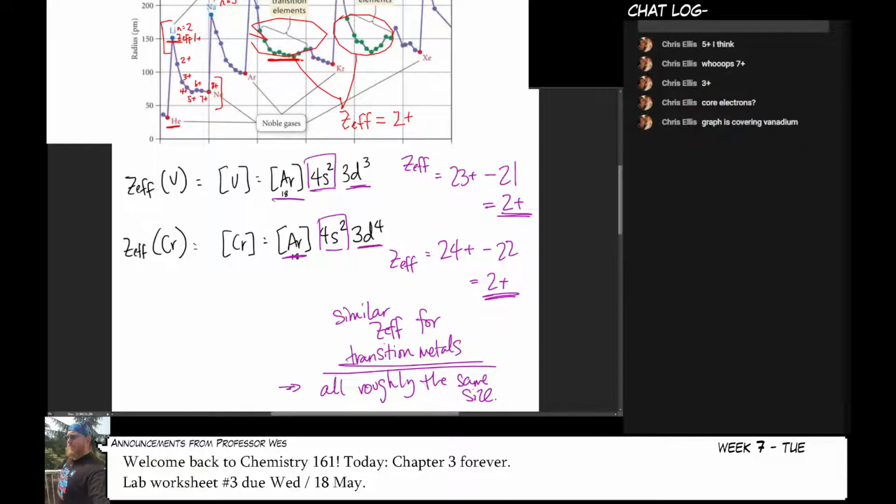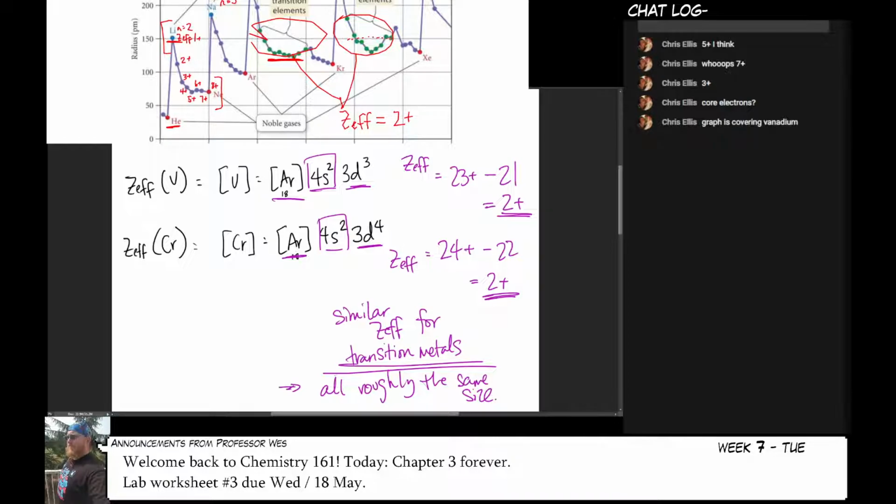But you could still say that, okay, yeah, if I took the average, they're kind of roughly in this region right here, right? So for our purposes, we're going to just say, okay, well, Z effective governs the radius within a given n.